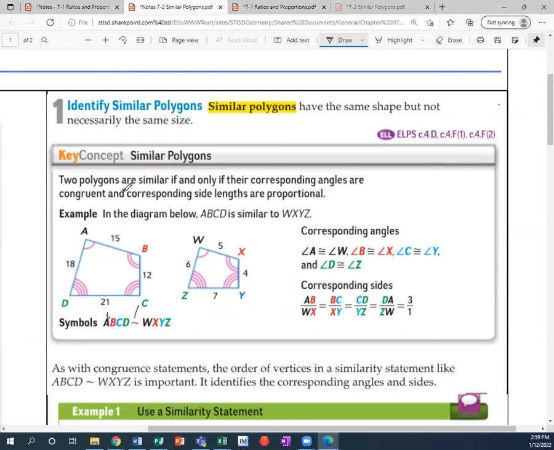Now, polygons are similar when they have the same shape, so they're both like squares or something, but they're not necessarily the same size. Like maybe one square is a little bitty tiny and the other one's really big.